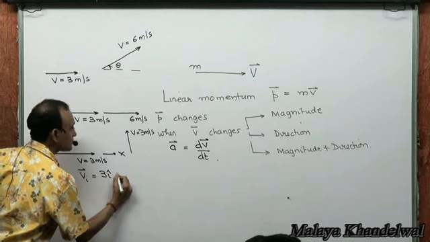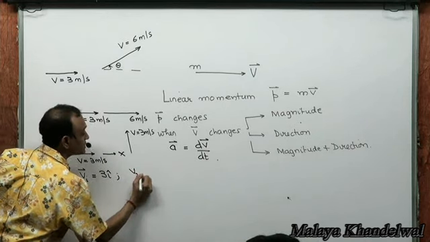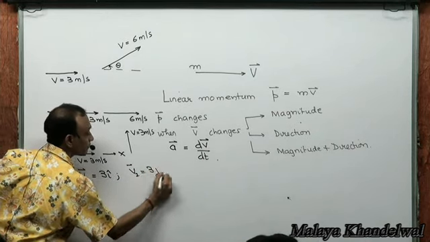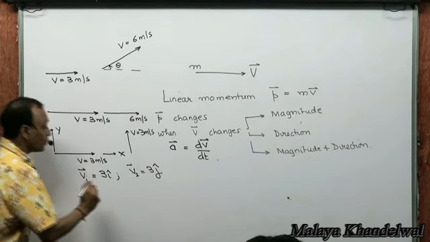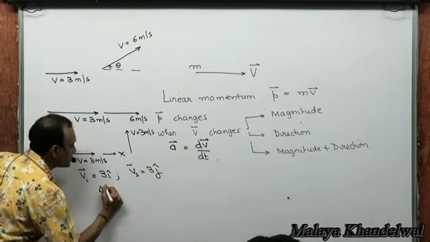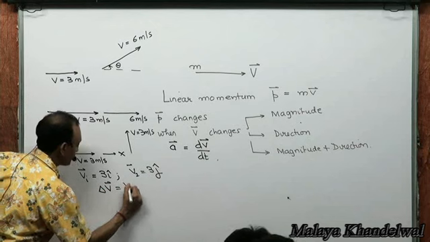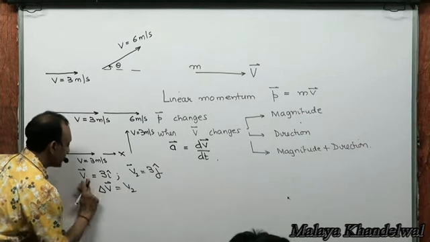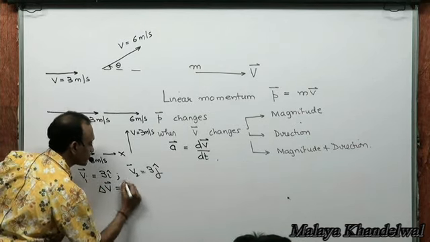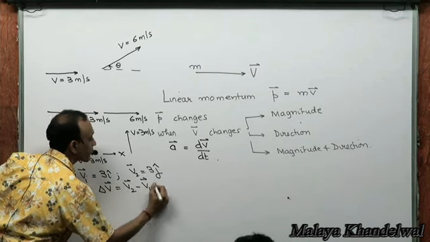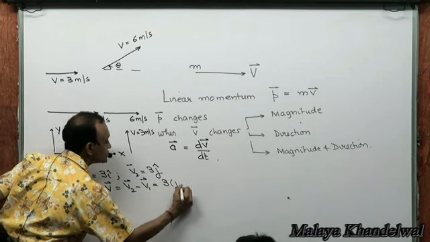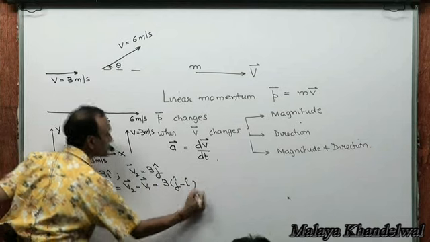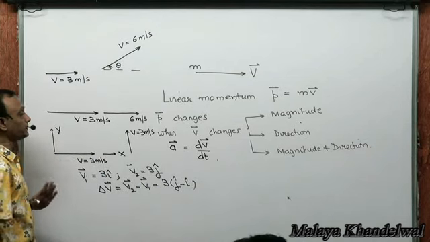When this happens, what's the velocity vector? 3 j cap. Now, what's the change in velocity? Change in velocity is final velocity v2 minus v1, which is 3 into (j cap minus i cap). That's the change in velocity in this case, right?